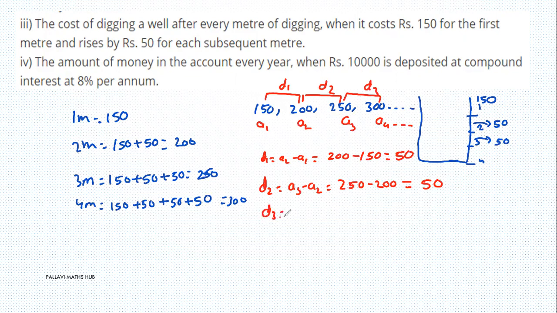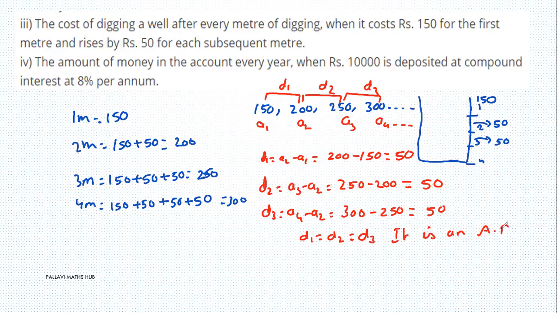D3 is equal to A4 minus A3. A4 is 300 minus 250, which is equal to 50. Its common difference is the same. D1 is equal to D2 is equal to D3. If the common difference is the same, then it is an AP. If the common difference is not the same, then it is not an AP. Here the common difference is the same, so it is an AP.